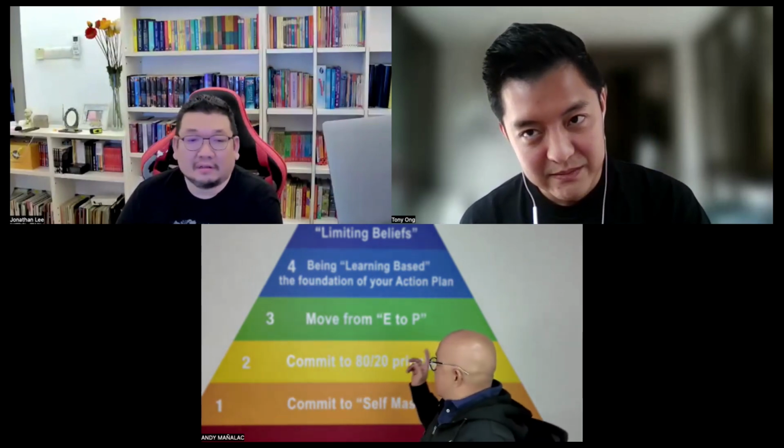Okay. Remember when we did the commit to the 80-20 about focusing? We talked about, now we saw how focused Tony is. Now in focusing, it's not only important that you know what to do, but it's also very important about what not to do.